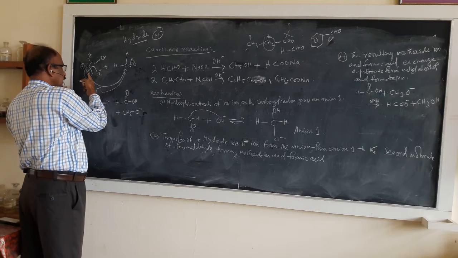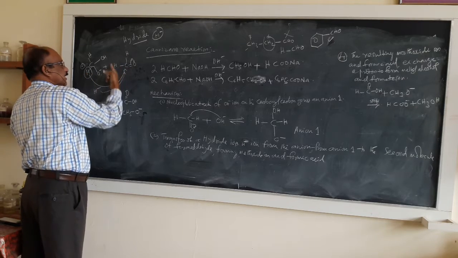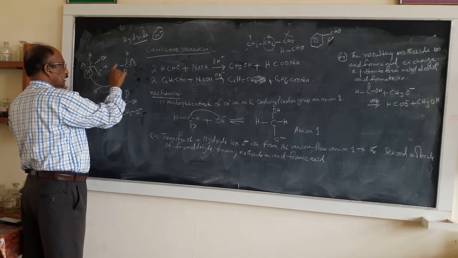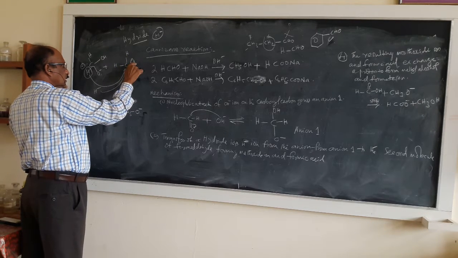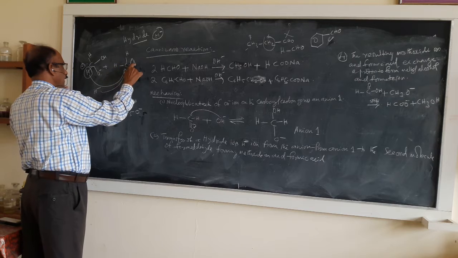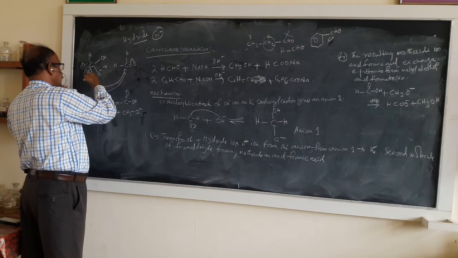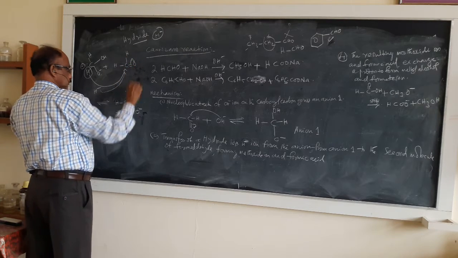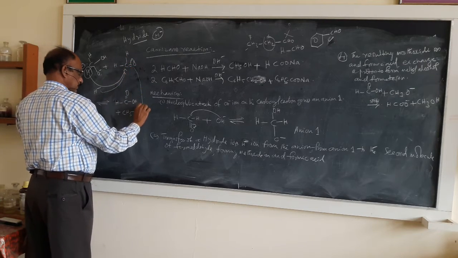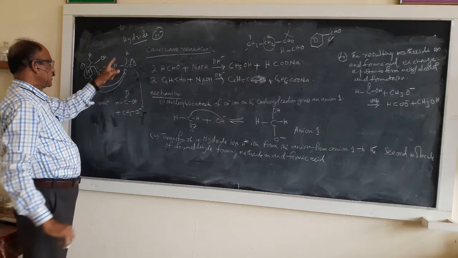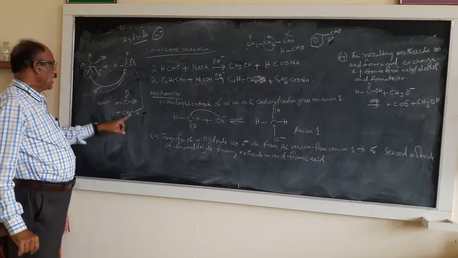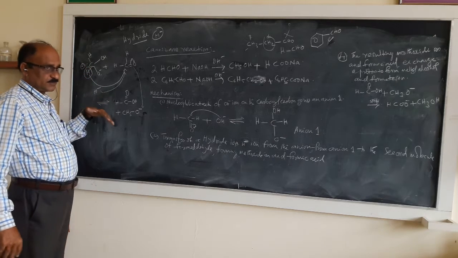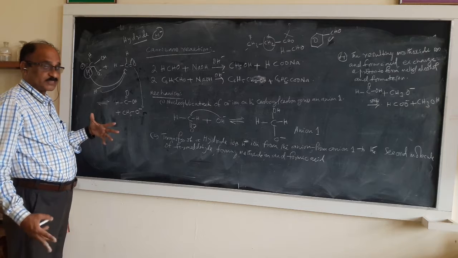This H minus ion, including its electron pair, is transferring to the second molecule. You are getting HCO. Sorry, this is coming here. So therefore, you are getting CH3O minus.